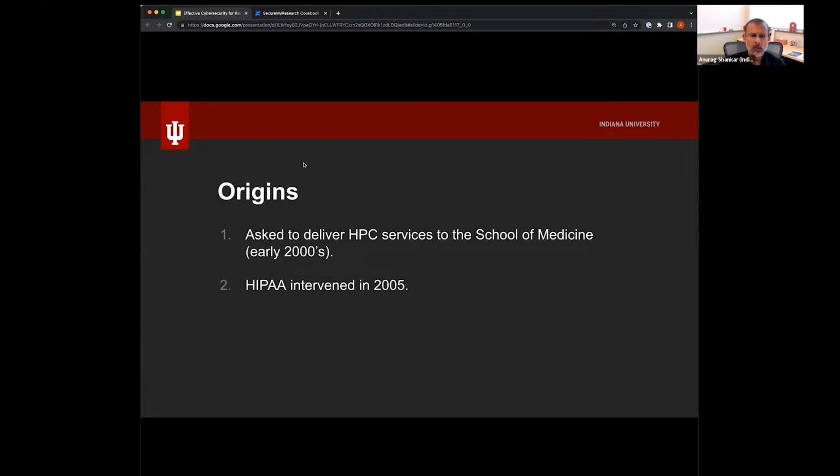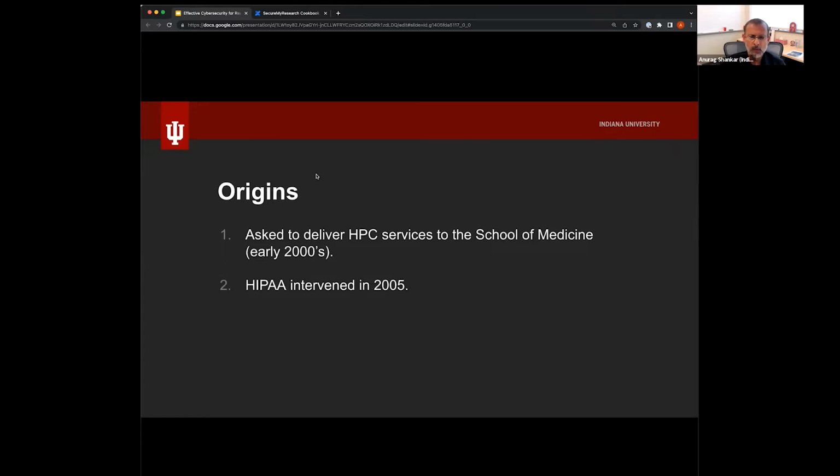Talking about the origins, this goes back almost 25 years at this point. We got a big grant and were asked to deliver high-performance computing services to the School of Medicine. Prior to this, there was no presence of research computing there. People had local IT support, desktops, and department servers.